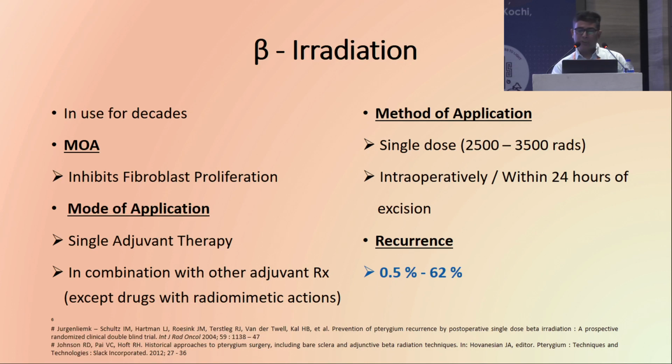The mode of application was either pre-operatively or intraoperatively, or sometimes even in the first 24 hours of the post-operative period, with a single dose of 2,500 to 3,500 rad units. It has a widely varied published rate of recurrence, from no recurrence to even 60% in the studies.